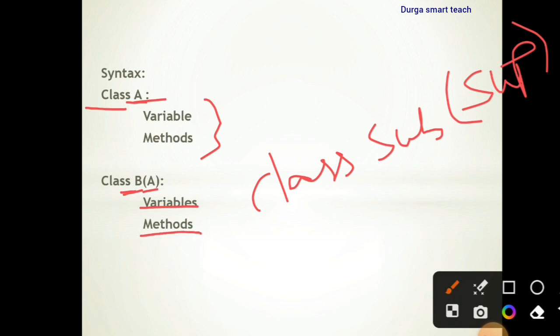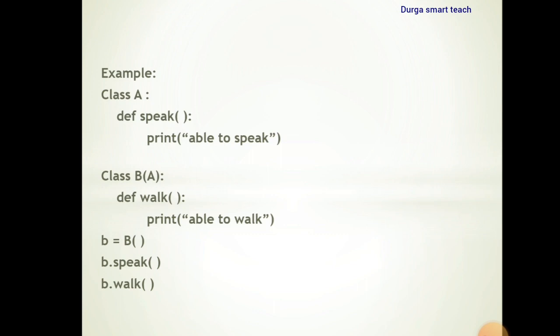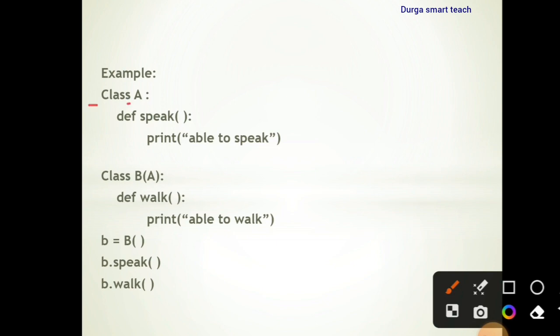Let's see the example, which we discussed in the last class. The first class A contains one method, speak. Method or function, both are the same. It is def, the function name, and it contains the implementation. Inside the implementation it prints able to speak.